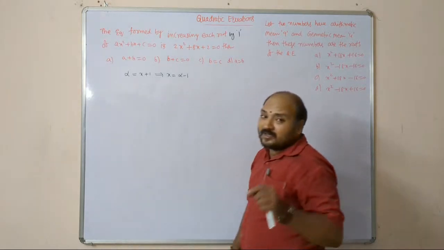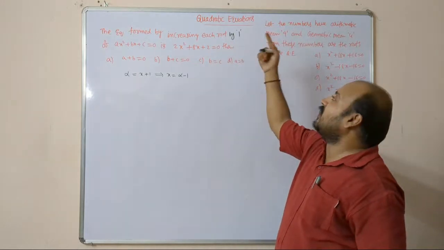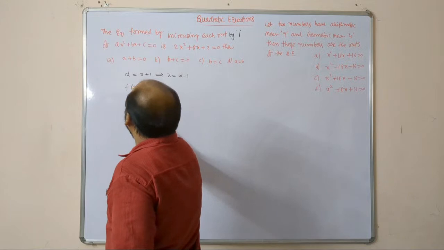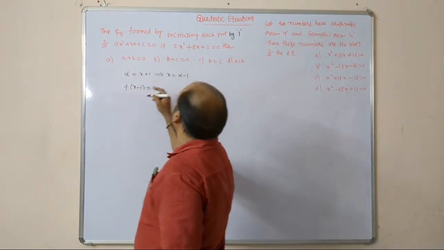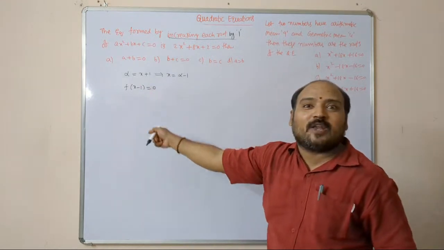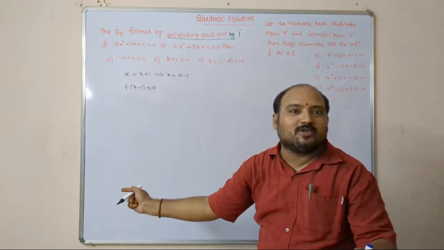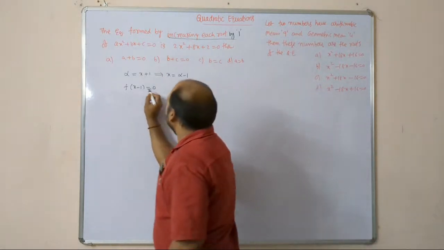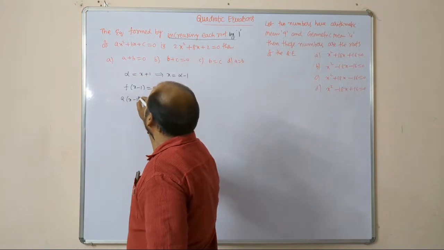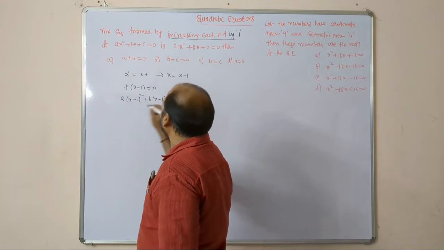So whenever they ask for increasing each root of the quadratic equation, you can go for f of x minus 1 equal to 0. Whenever they ask increased, reverse it, you write f of x minus 1 equal to 0. If it is decreasing, f of x plus 1 equal to 0. So in place of x substitute a into x minus 1 whole square plus b into x minus 1 plus c equal to 0.